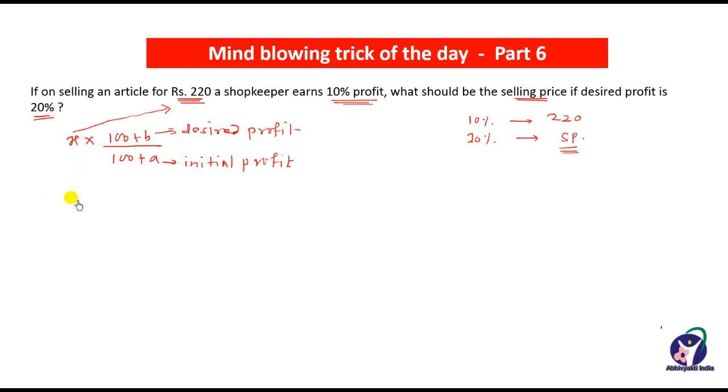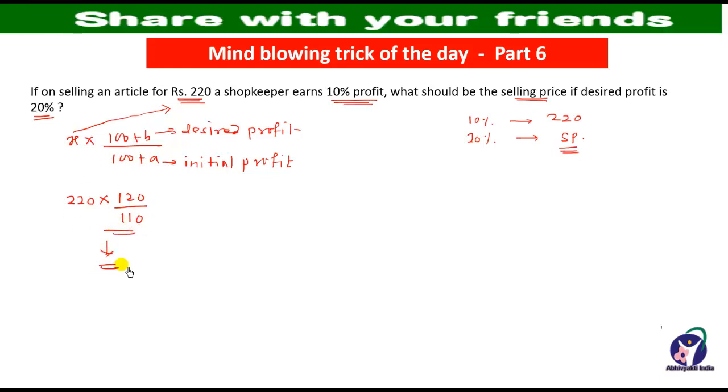So we will solve it like this: 220 into 100 plus 20, that is 120, upon 100 plus 10, that is 110. If you solve this, you will get the answer. But instead of memorizing this formula, how can you get it?